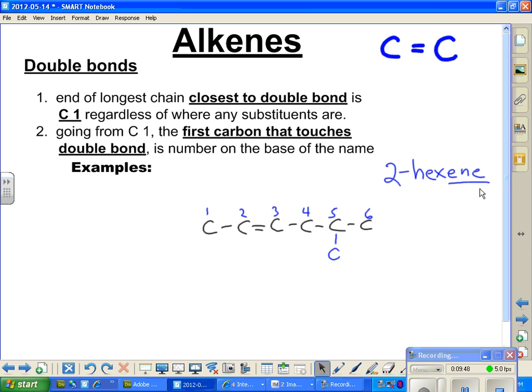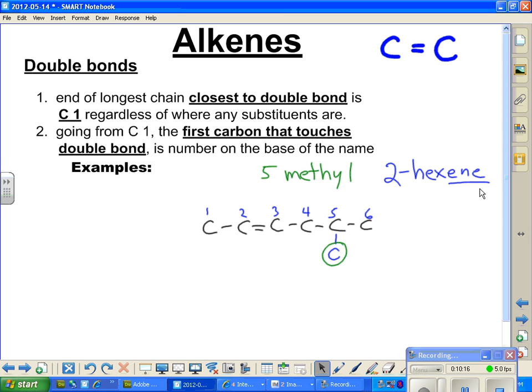This would be a methyl on group number 5. So as it's written right now, this would be 5-methyl. Let's circle this. That's on carbon number 5 as the thing exists right now. And this is methyl, which is a 1-carbon substituent, 2-hexene. And that would be how we would name this.